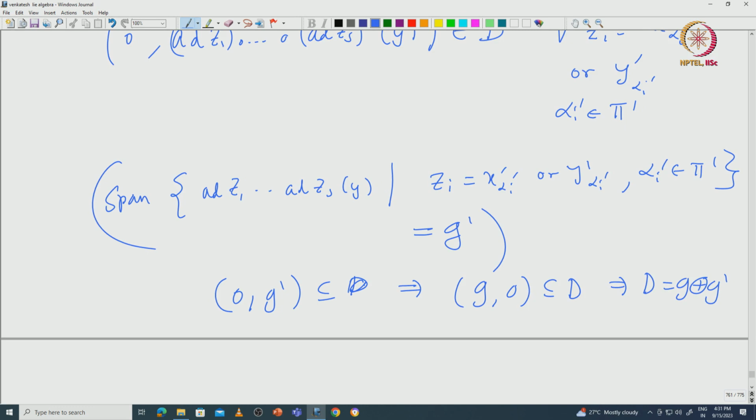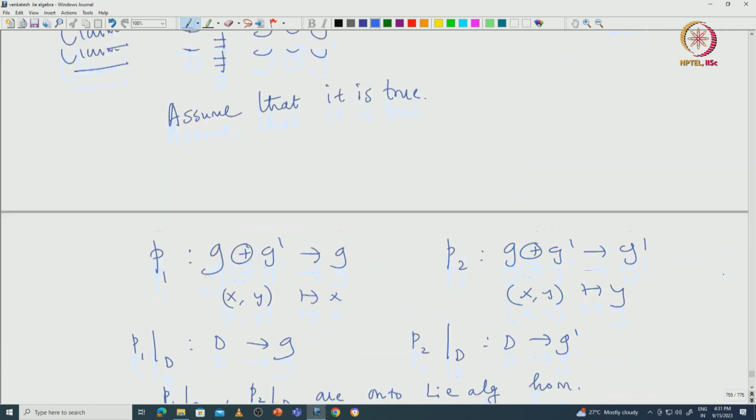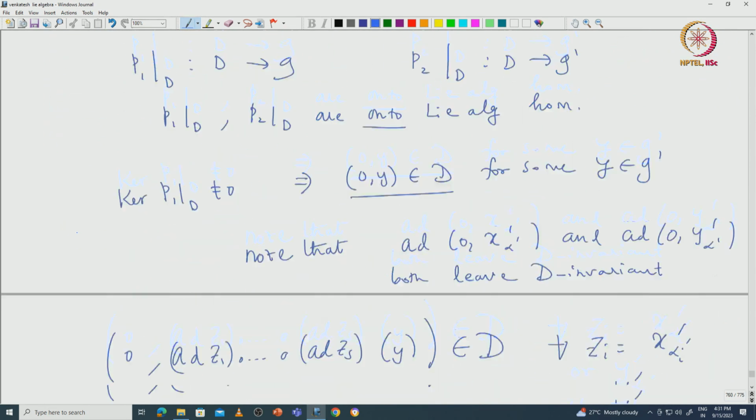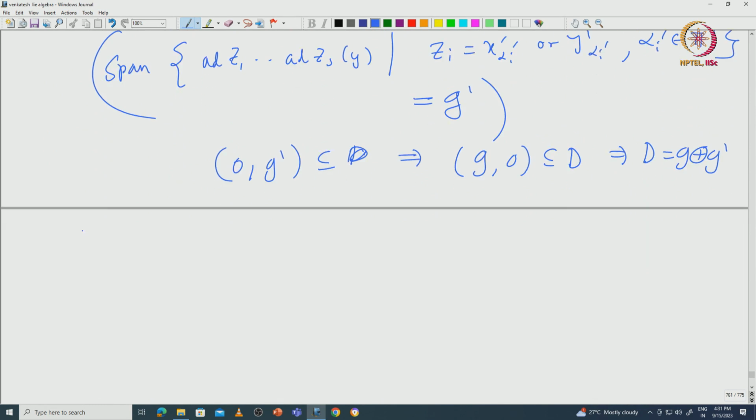Okay. But that is not the case, we already assumed D must be proper inside g direct sum g dash. So, that means this is not true. So, the kernel of P1 restricted to D should be 0.